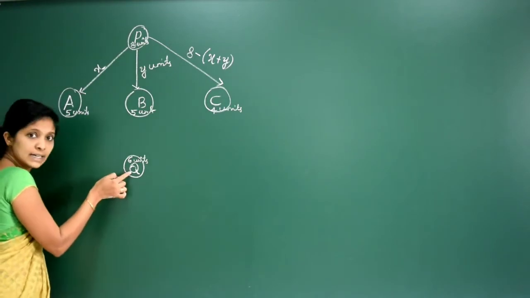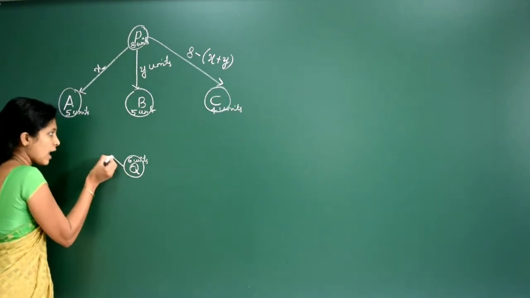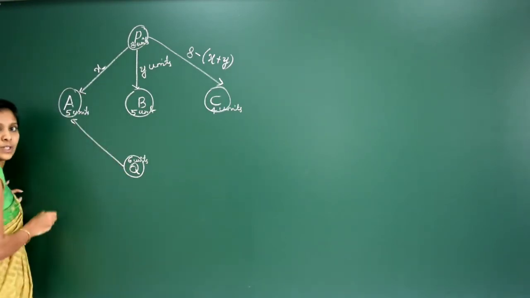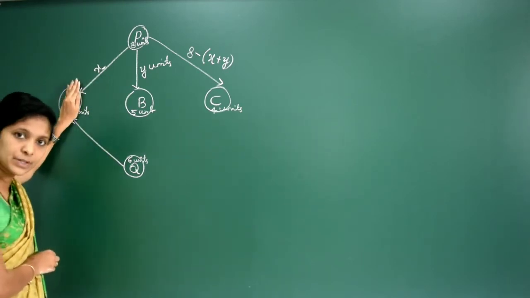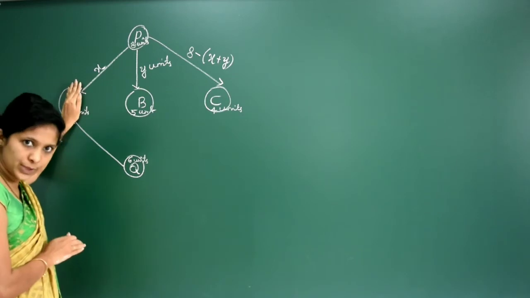Now from the factory Q, how much should be transported to each depot? The weekly requirement of A is 5 units.